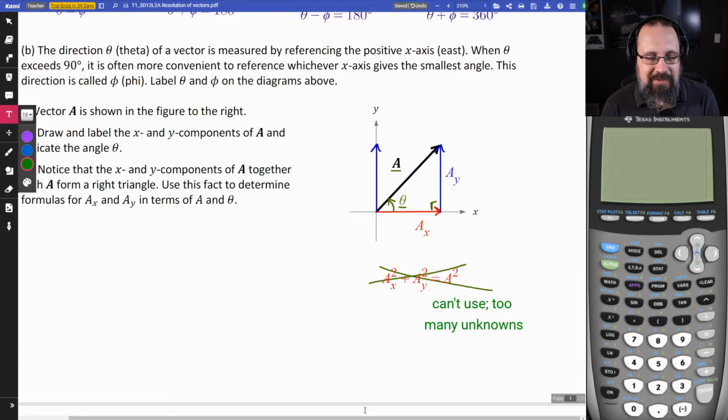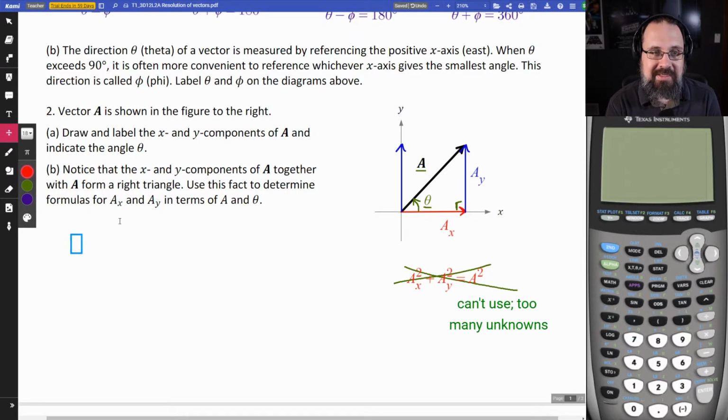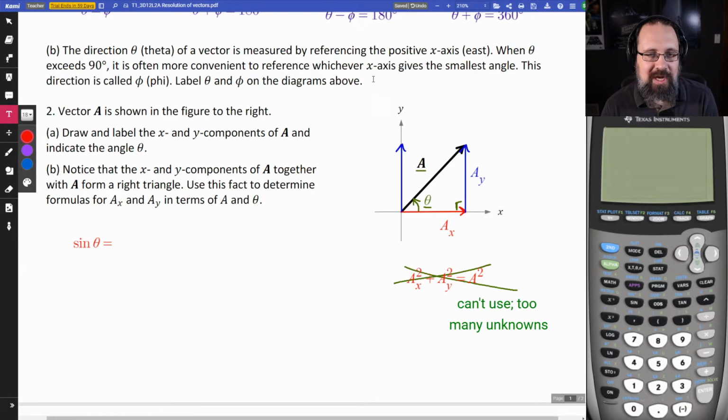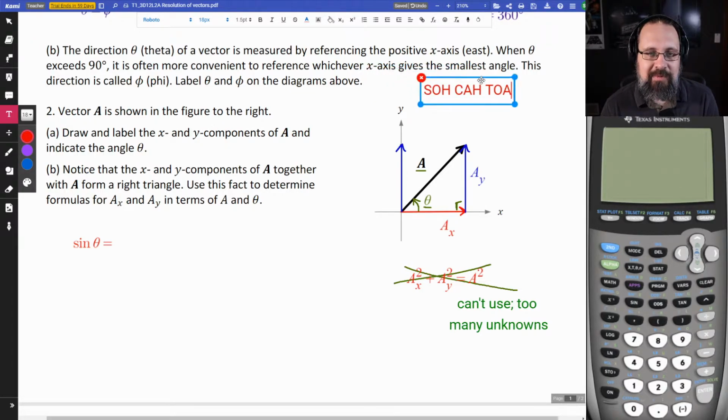And so what we can do is write out expressions for sine and cosine of this angle. So check this out. I'll do this in red. First I'm going to say the sine of theta. So what's the sine of theta? Well, the trick to remember is SOH CAH TOA. I'll write this up here. That's the trick to remember it.